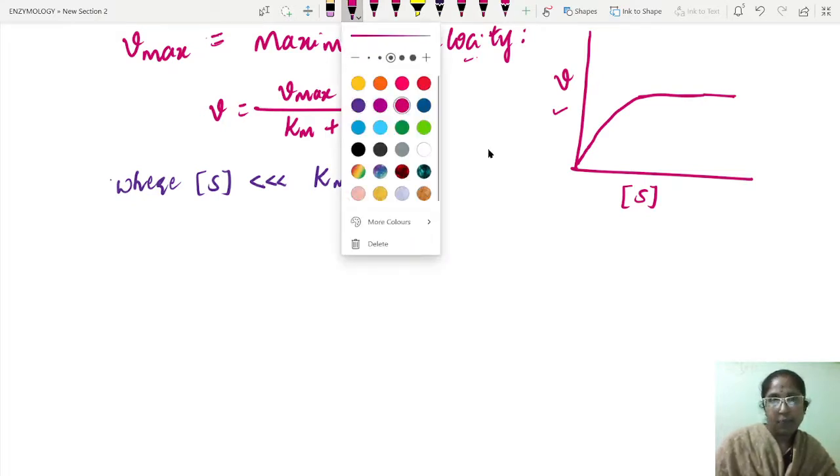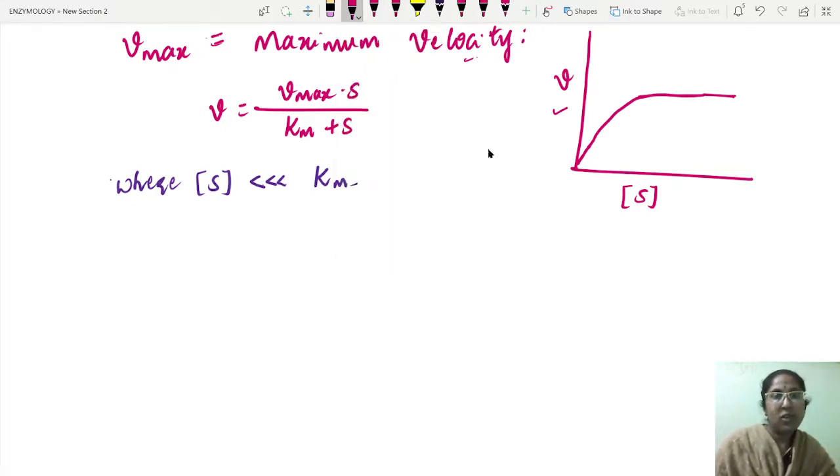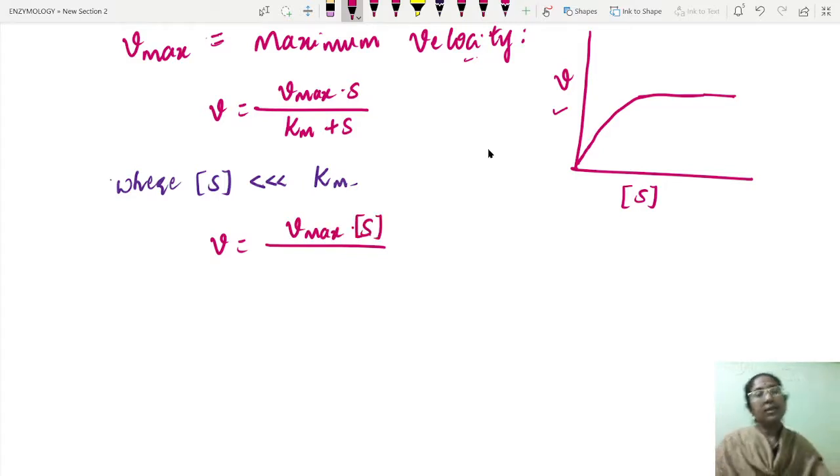Now we will see. If the substrate concentration is very less, then this equation becomes V is equal to Vmax into S over Km plus S. Because the substrate concentration is far lesser than the Km, we can neglect the S in the denominator, so it will become Km plus 0, as you can consider S as very negligible.